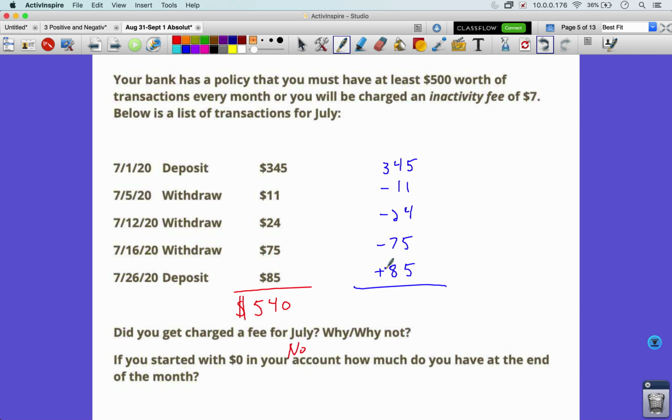And let's calculate this. 345 minus 11 minus 24 minus 75 plus 85. We have $320. All right. So an example of when we would use absolute values, and we get a very different number when we use absolute values.